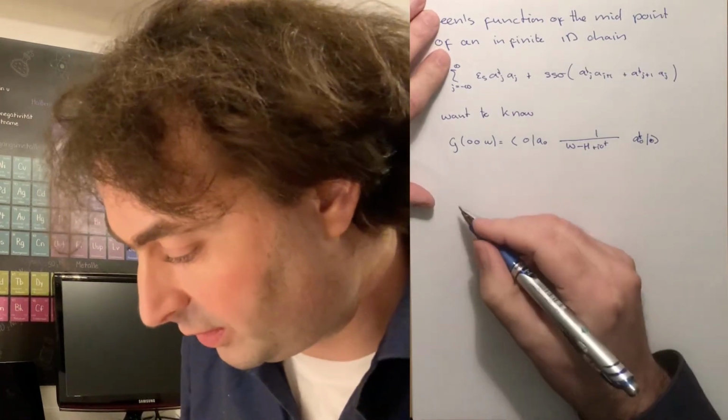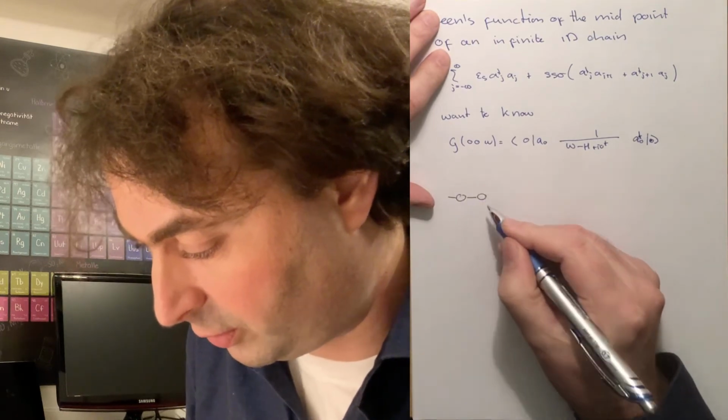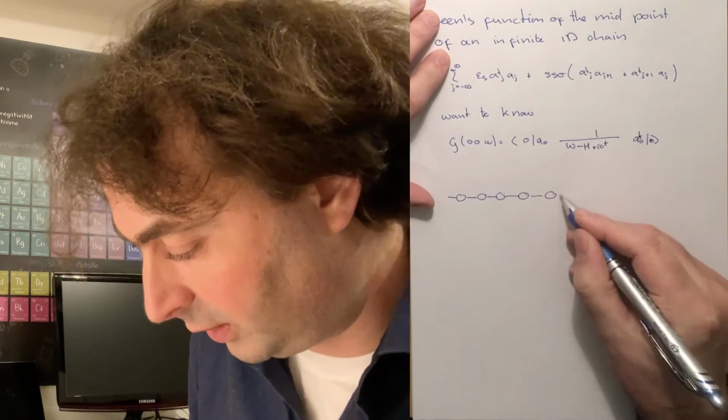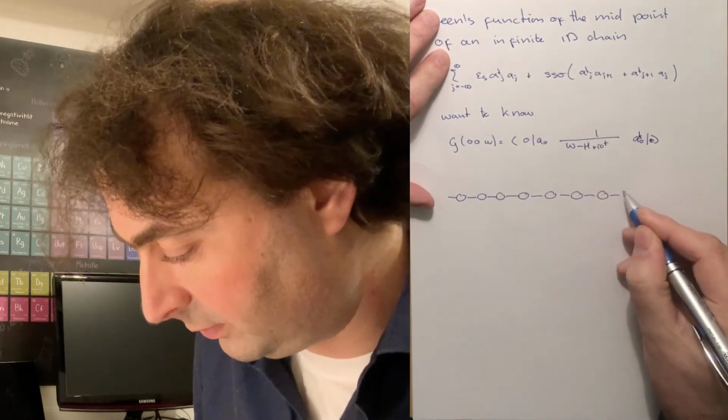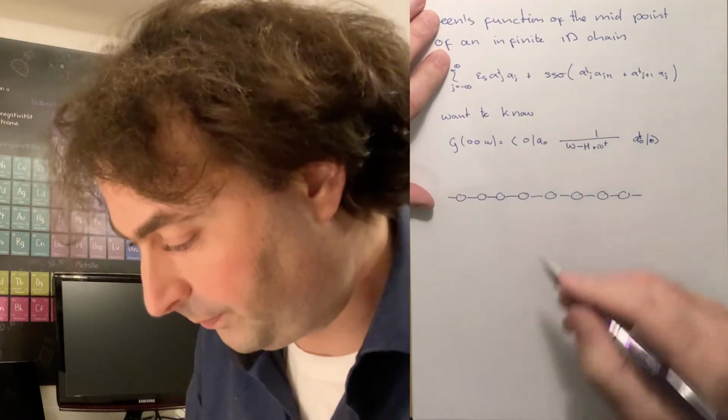And we will do this again with the methods that we discussed before in terms of continued fractions. So our Hamiltonian looks like an infinite chain.